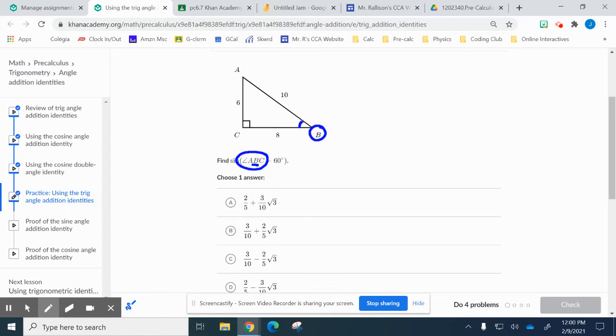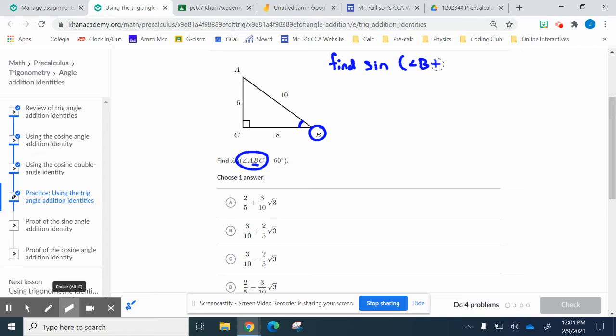So they want us to find the sine of angle B plus what? Or does that say minus? Oh, minus 60 degrees. Okay, that's fine.